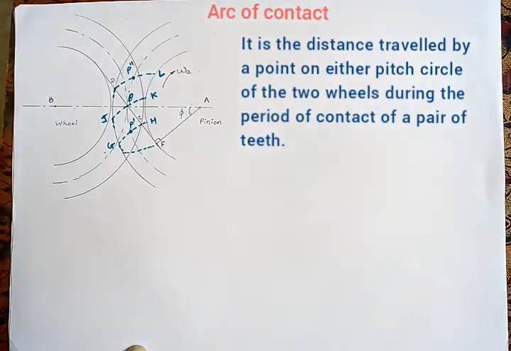So what is the arc of contact? It is the distance travelled by a point on either pitch circle of the two wheels, meaning pinion or gear, during the period of contact of a pair of teeth.